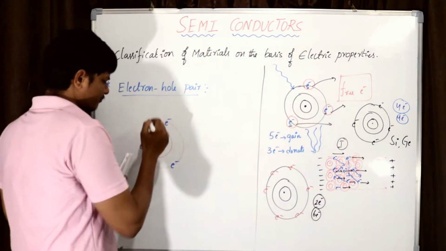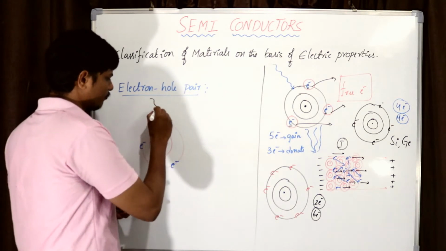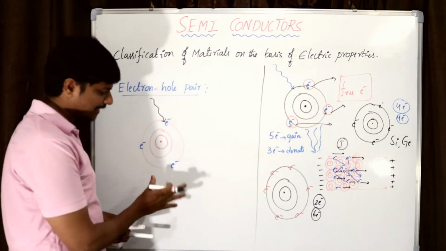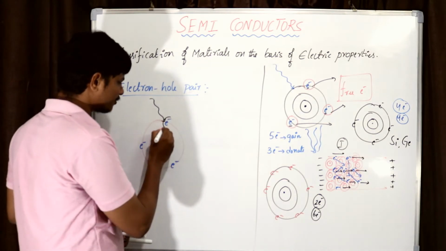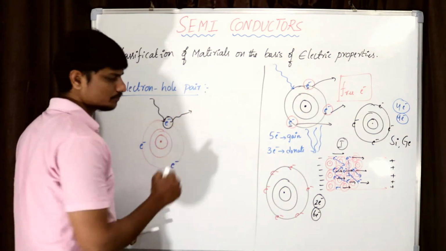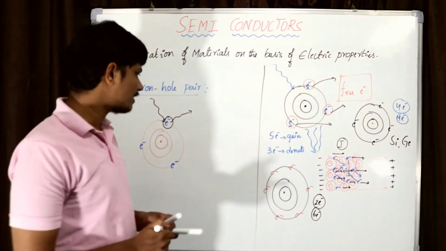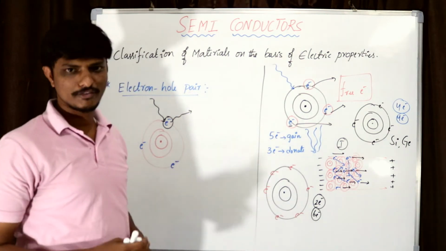Because of the light which falls on the atom, or because of heat energy given to an atom, whatever the reason, the electron gets sufficient energy and comes out of the atom, which turns it into a free electron. A valence electron is turned into a free electron.